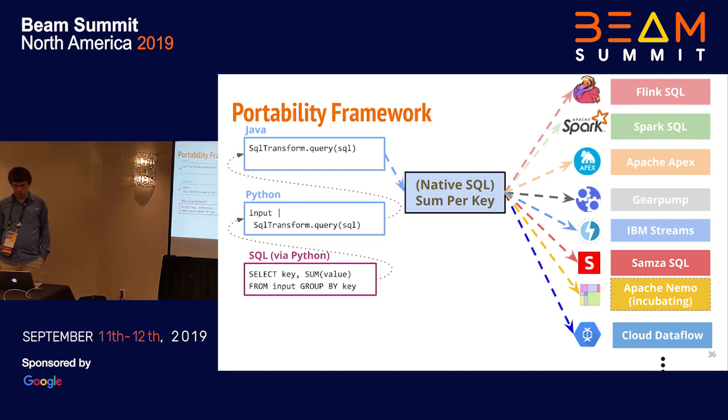This is really powerful because things that you write in SQL in your Python pipeline will potentially be more performant than just writing the same thing in Python. It also gives you a much simpler interface to doing some of these basic operations that could otherwise be a bit of code.